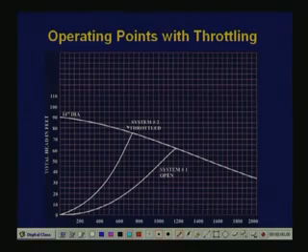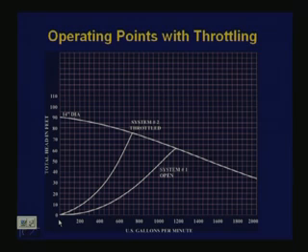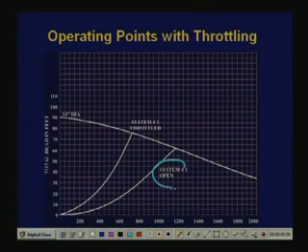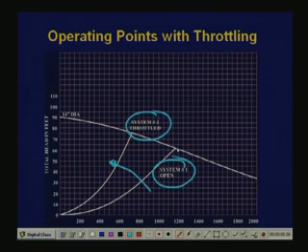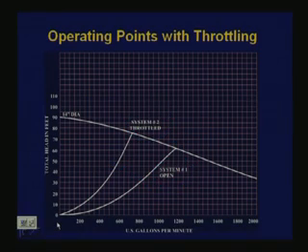So, this shows how the operating point shifts if you have one system which is open, another system which is throttled. Again you see that the load curve changes and the operating points will shift from this to this. The same thing happens here again for pumps.